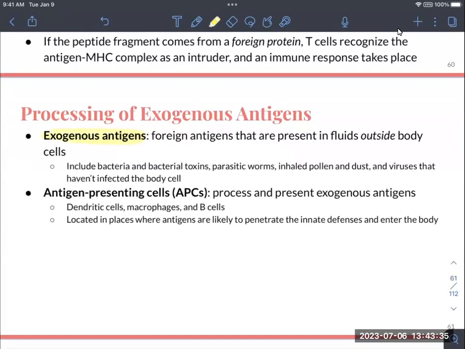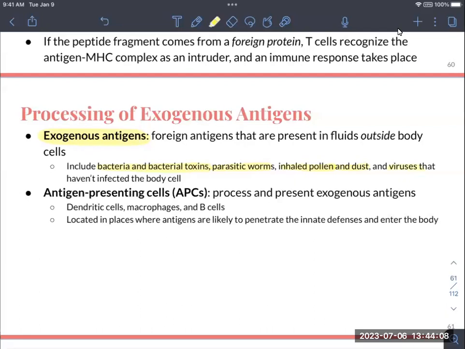Exogenous antigens are those foreign antigens that can be found in the fluids, like those extracellular fluids. Some of these are bacterial toxins. These are things that different bacteria release into our system that cause different immune responses. Parasitic worms, people who have a pollen or dust allergy, even viruses.